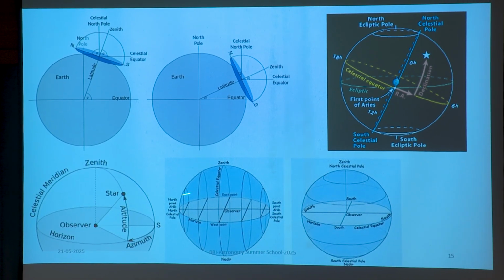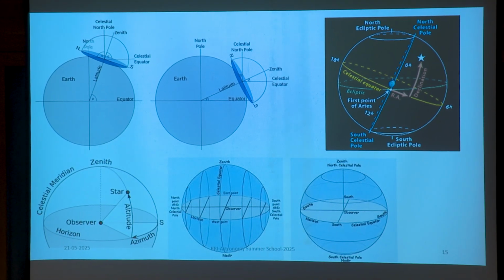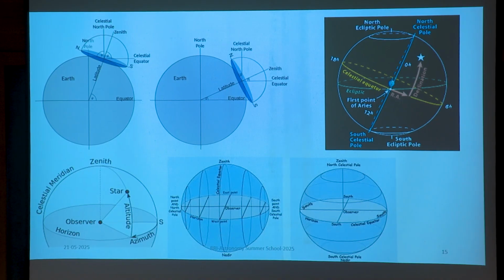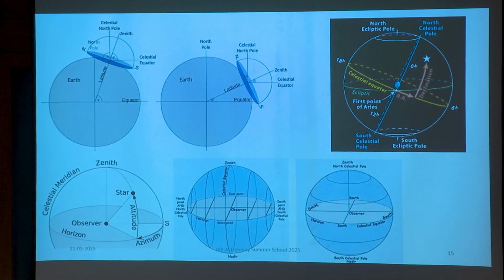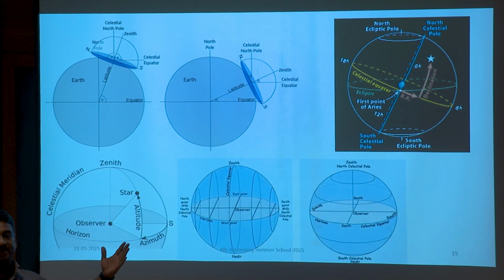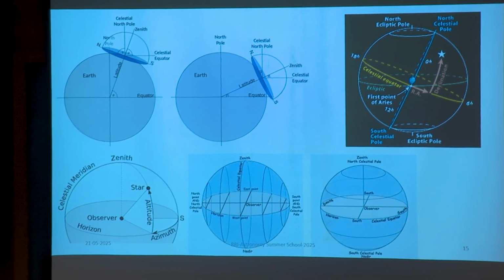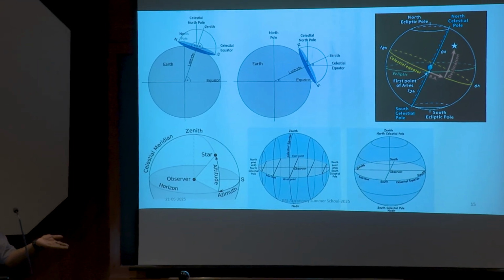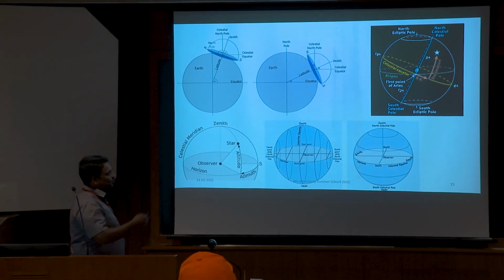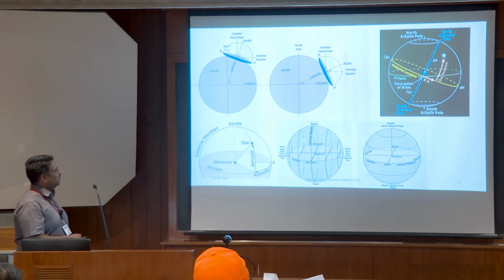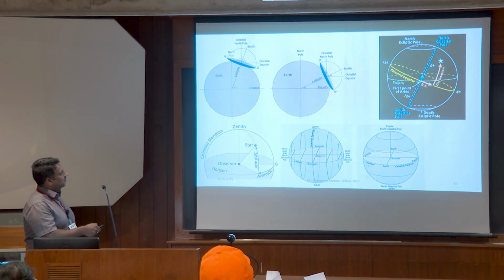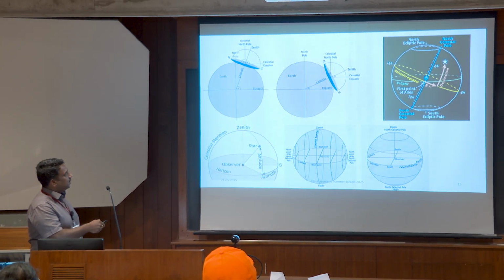Okay, so you all see stars, right? But you have to pinpoint them in the sky, because if you want to tell somebody else that I have seen this star, this is the coordinate, basically like Google Earth, you have all the coordinates fixed, right? If you want to do it for the stars, what you do is basically, if this is the Earth, you are standing like this, right?